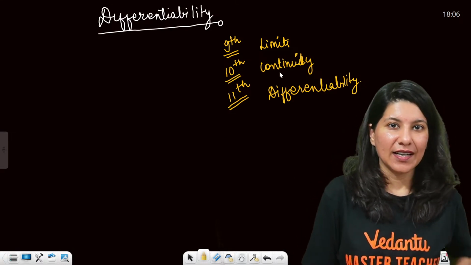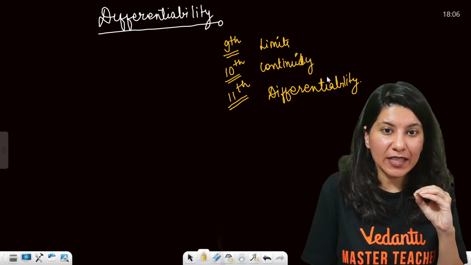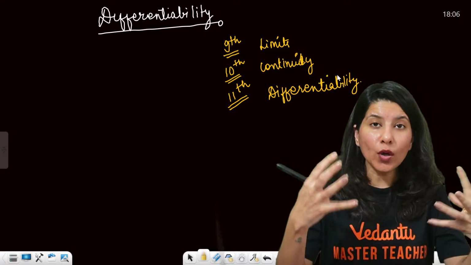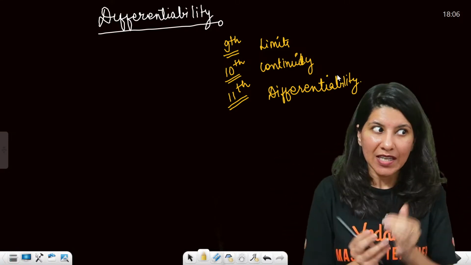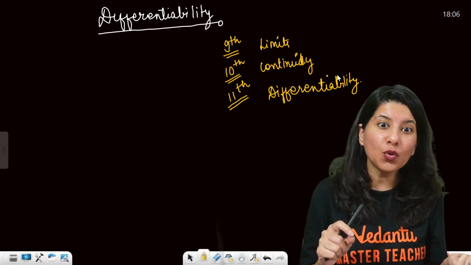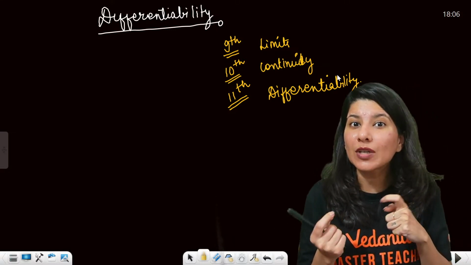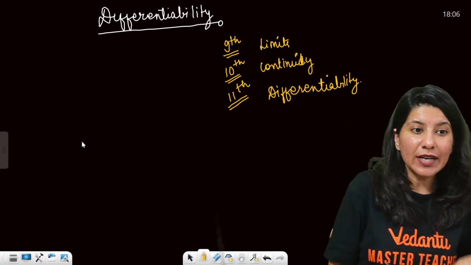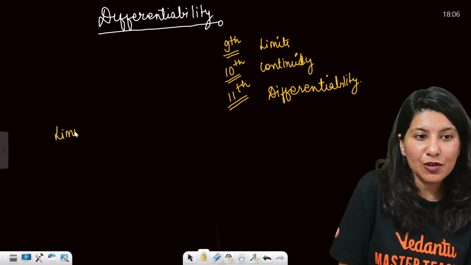So yes, limits, continuity and differentiability. The order of studying all three topics should be like this. If you don't know what is limit, you won't understand what is continuity. If you don't know what is continuity, you won't understand what is differentiability. Now let me give you the simple definition of limits.